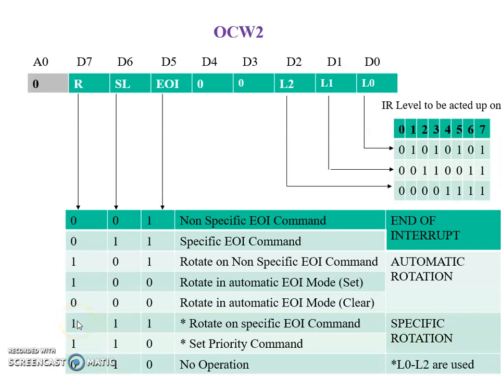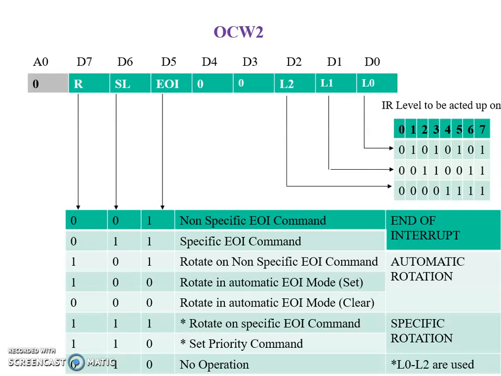So for example, if we want the IR4 interrupt to be the lowest priority, then we have to mention 100 in L2, L1 and L0. If we make it 100, then the IR4 interrupt will get the lowest priority and the highest priority goes to IR5.